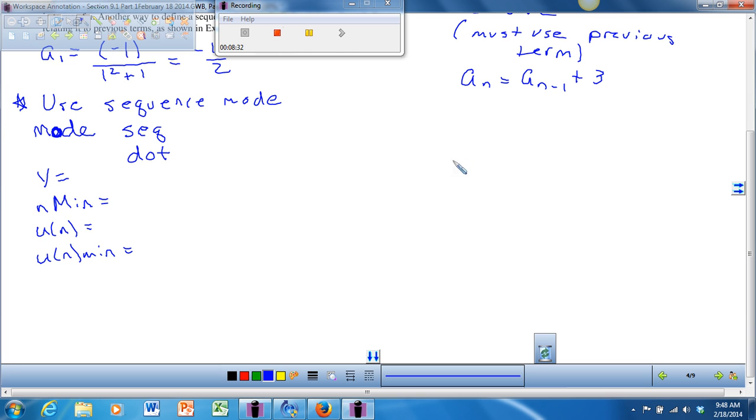With sequences, n min, which is our first index number, is generally 1, unless we are dealing with time or money. And that's a general rule.